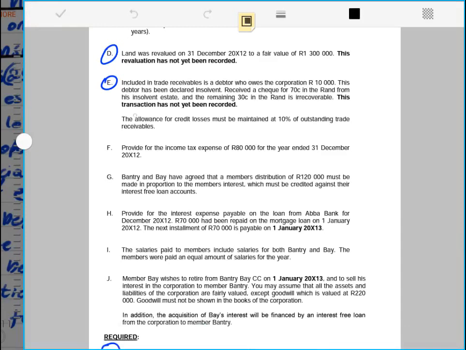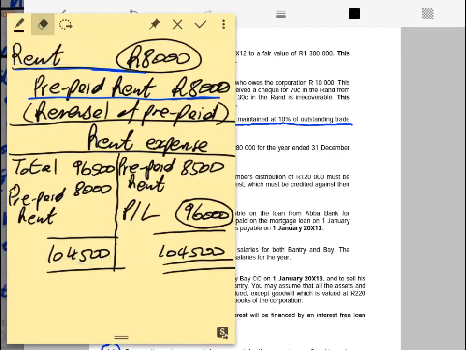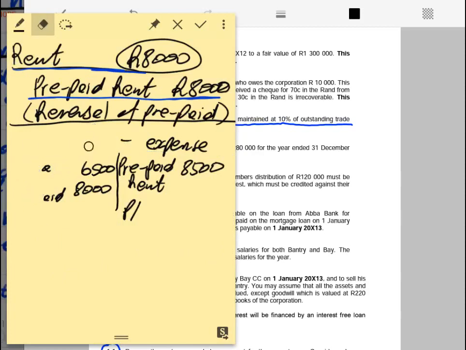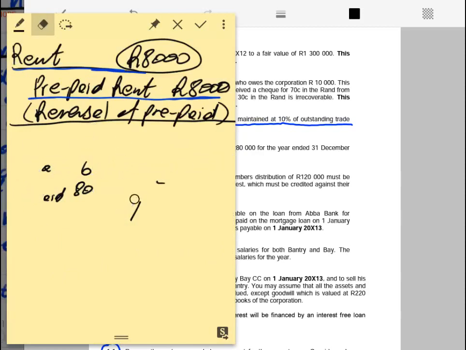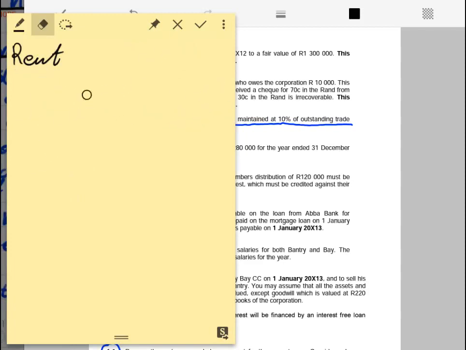And there's always this sentence after we have accounted for the previous sentence, which tells us that the allowance for credit losses must be maintained at 10% of the outstanding debtors. So now it means we have to know our debtors before there was a bad debt. Then after, we have to subtract the bad debt and the amount that was paid, which is the full 10,000 rands.